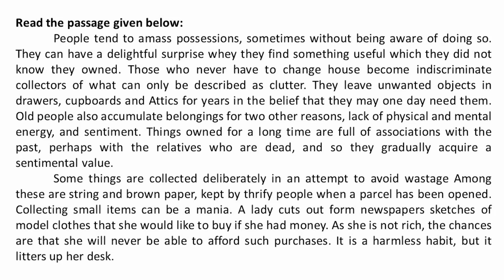They leave unwanted objects in drawers, cupboards, and attics for years in the belief that they may one day need them. Old people also accumulate belongings for 2 other reasons: lack of physical and mental energy, and sentiment. Things owned for a long time are full of associations with the past, perhaps relatives who are dead, and so they gradually acquire a sentimental value.